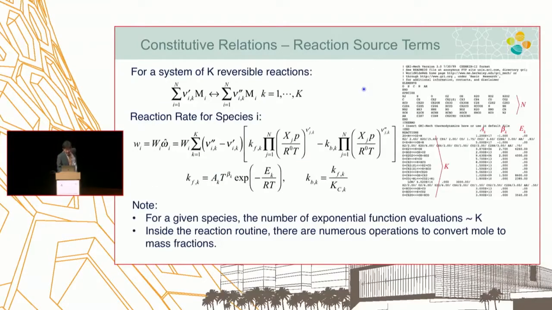One of the major parts of this detailed chemistry calculation is the chemical reaction source term. Again, many of you must be familiar with the Chemkin input file. We have to declare how many species we put in and how many reaction steps we put in.